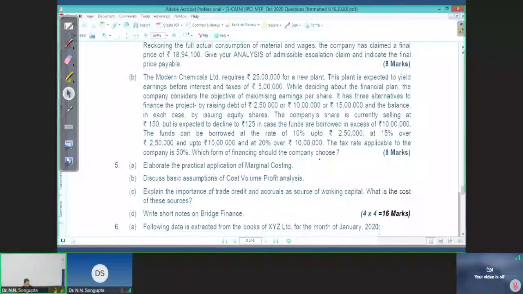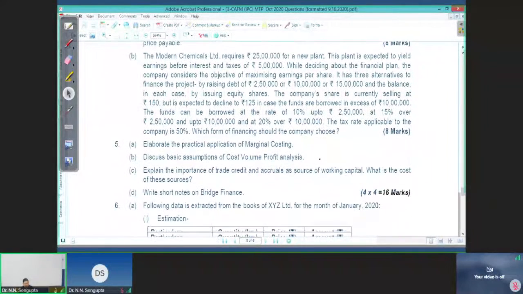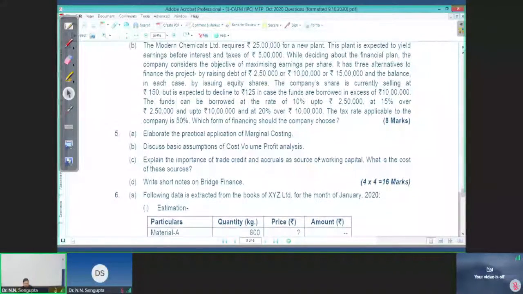Then there is a theoretical question, Sakshi, you can see here, the practical application of marginal costing. Just now I told you the basic assumptions of CVP also. Then the importance of trade credit and accrual, which is from the old CAFM. Then sources of finance is very important from the theoretical part.